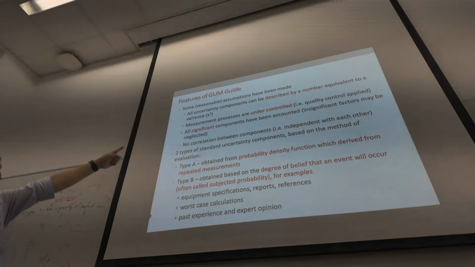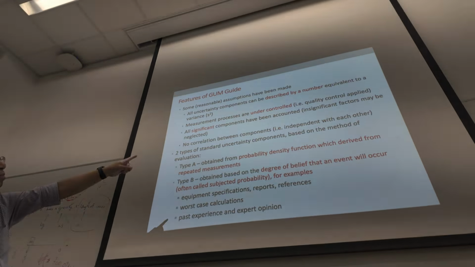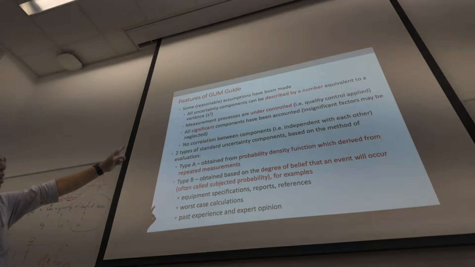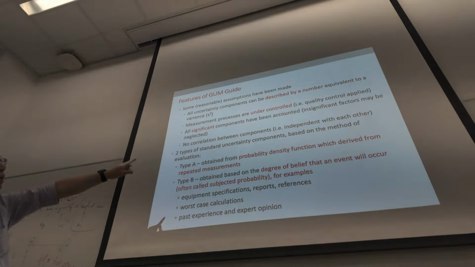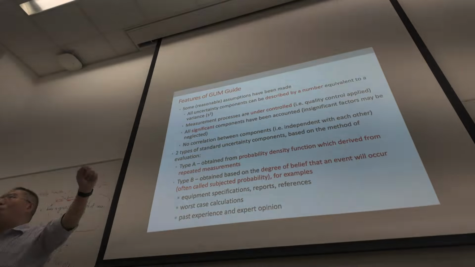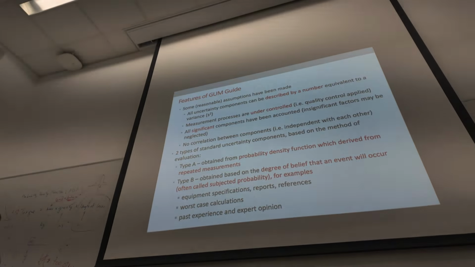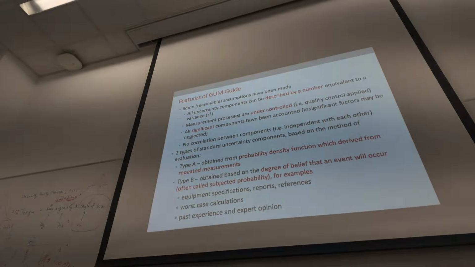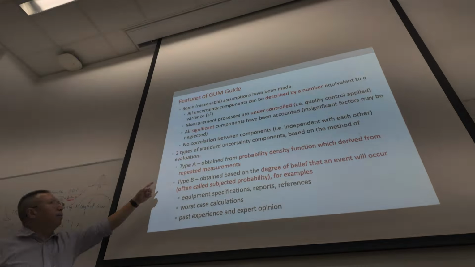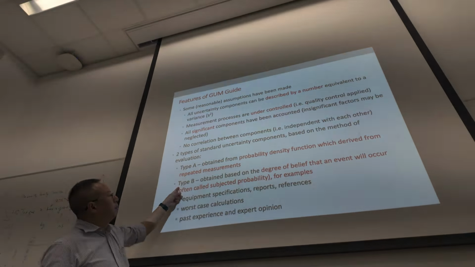Okay, the measurement process is under control. Only all significant components have been accounted for. Okay, and no correlation between components. Okay, these four assumptions. Okay, and type A, type B, what are they?